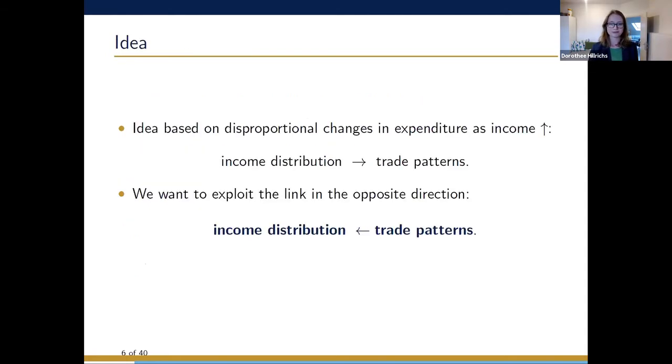And now getting a bit more into the method that we're using. Basically, the idea is that what the international trade literature has shown is that as income increases, expenditure on different products changes disproportionately.